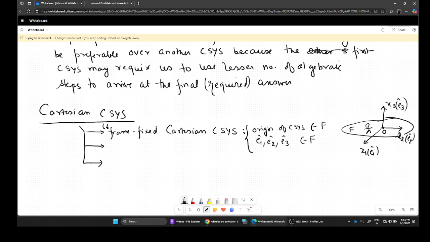Then we call the coordinate system a frame fixed Cartesian coordinate system.